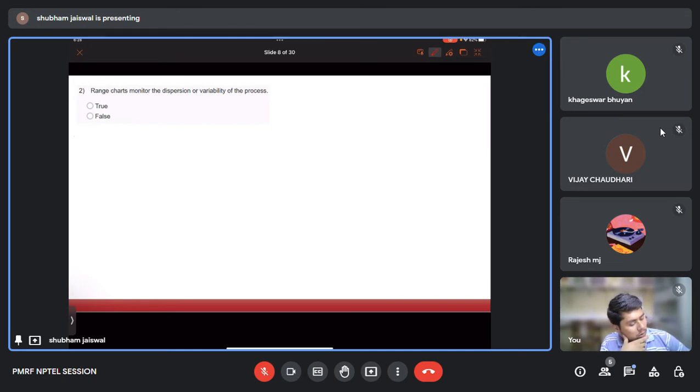So this chart is for variables. In variables, we have two different charts. The first one is the X bar chart and the second one is our R chart, the range chart.